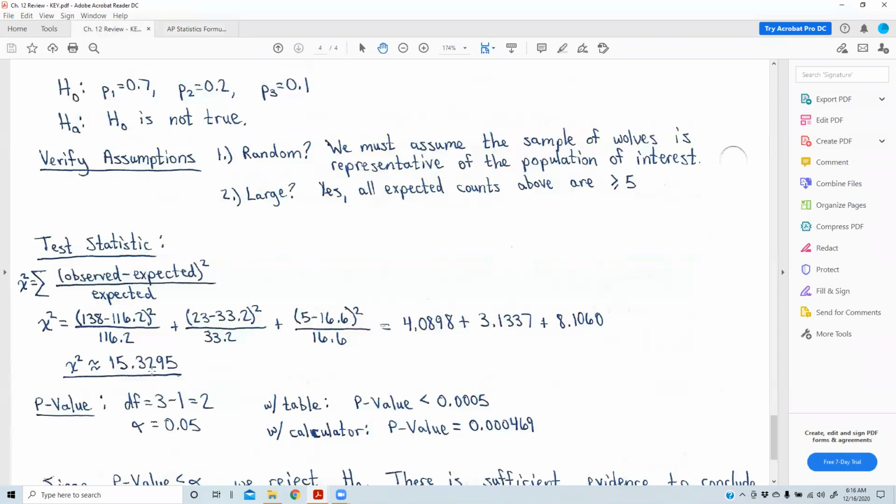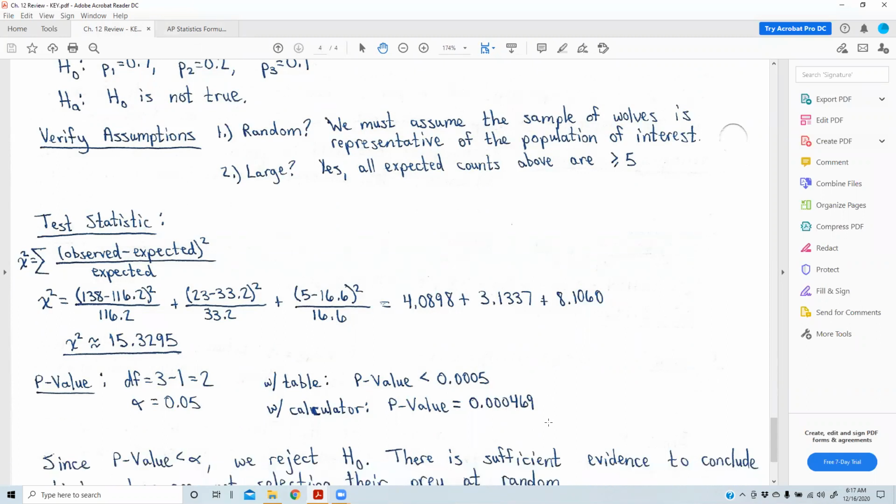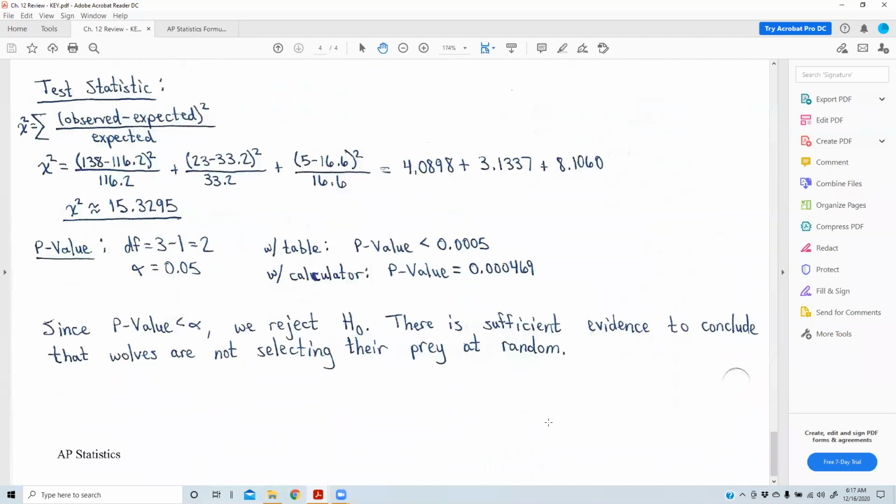We're above that, so we're smaller than 0.0005. If I do this in the calculator, I'll find the exact p-value is 0.000469. So yes, we are less than 0.0005. That's true.